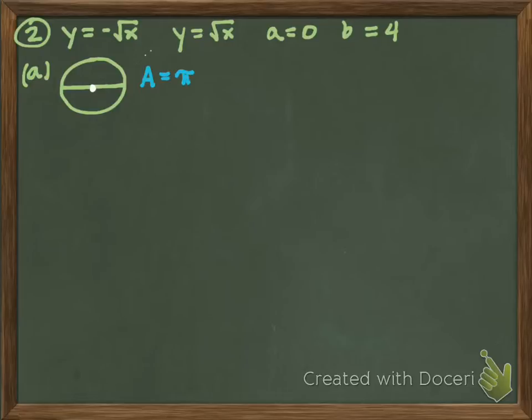So we're going to start with A equals pi r squared. And why are we going to do that? Because my A of x is going to come from that, yes? I know my A of x is going to start with pi, because pi has to be there if you're finding the area of a circle, right?